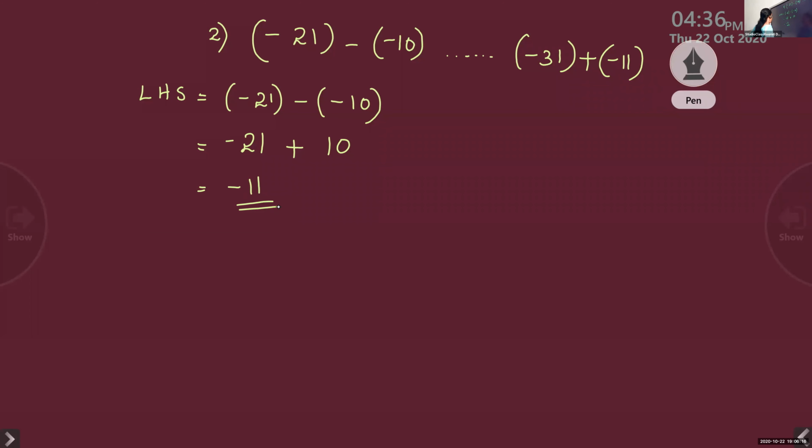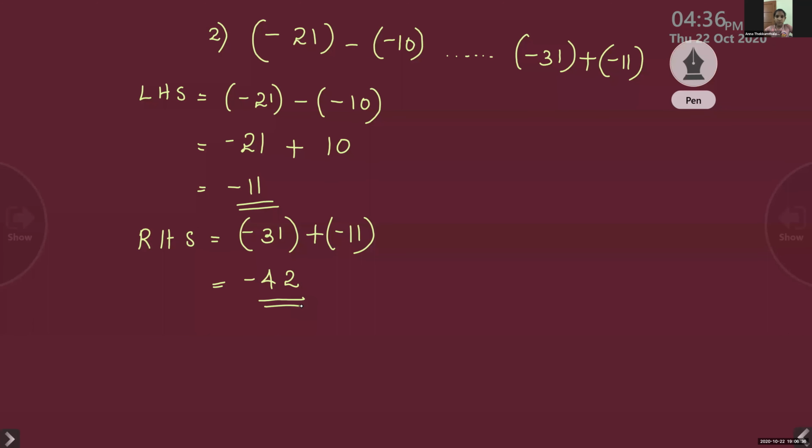And we'll do the RHS now. RHS means right hand side. Negative 31 plus negative 11. Both negatives. So is it negative 42, children? Yes, ma'am. So you will get to the answer like this.